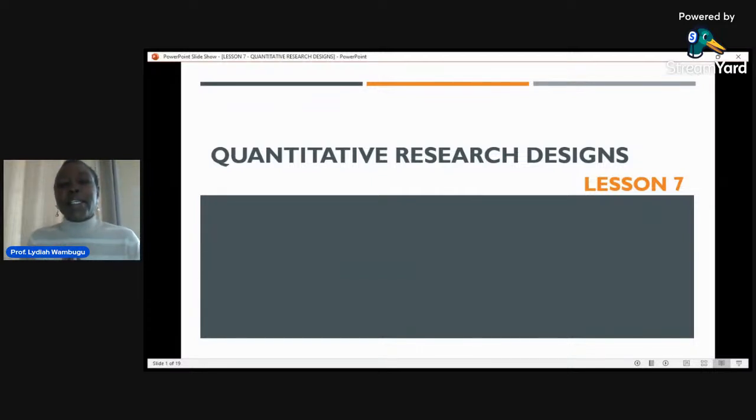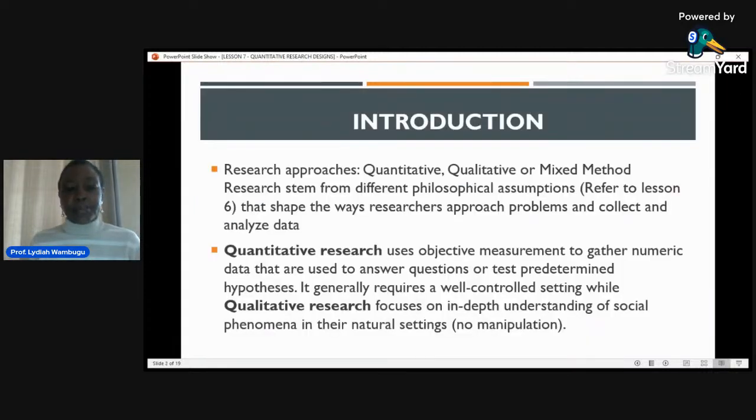But for now, our interest today is to look at quantitative research and the designs that help a quantitative researcher to collect the type of data collected in quantitative research. Like we have just said, these 3 research approaches emanate from the different philosophical assumptions that we have mentioned: the assumptions of epistemology, axiology, ontology, and methodology, which we discussed last time in lesson 6.